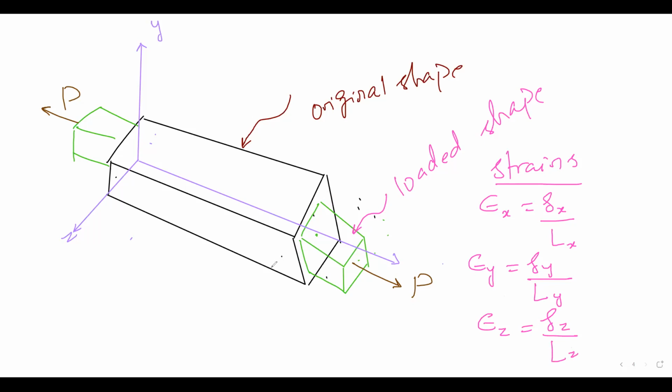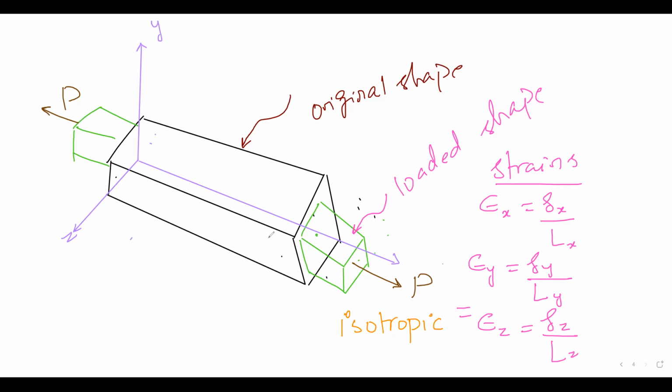Okay, and please remember that epsilon y and epsilon z will be equal if the object is what is known as isotropic. So wood, for example, has its own fibers, so it behaves differently in different directions. But steel, which is mostly what we use, is isotropic.